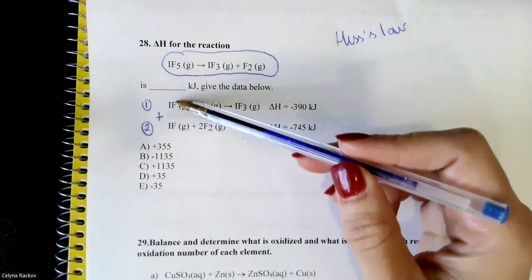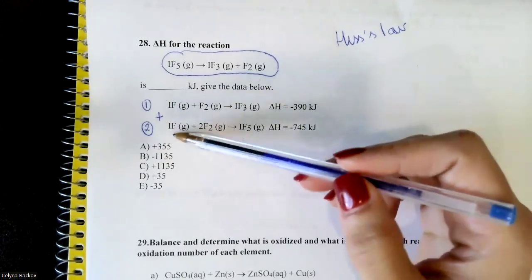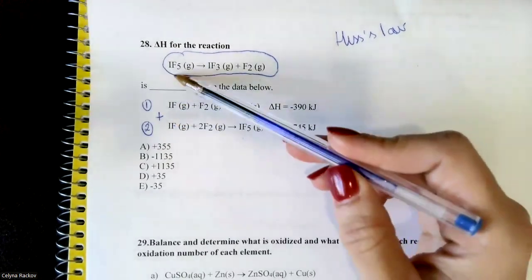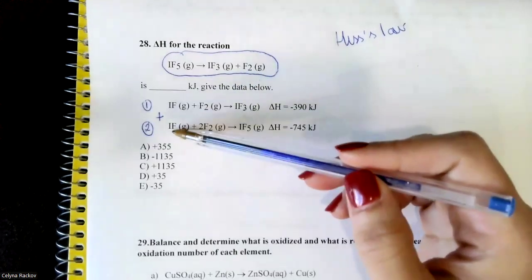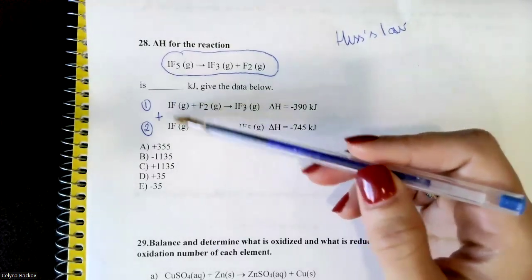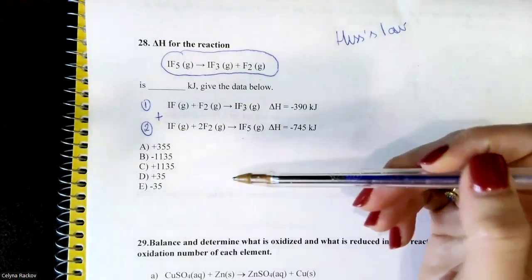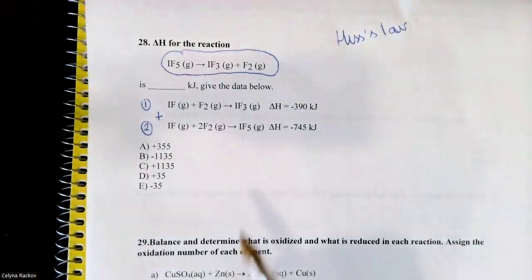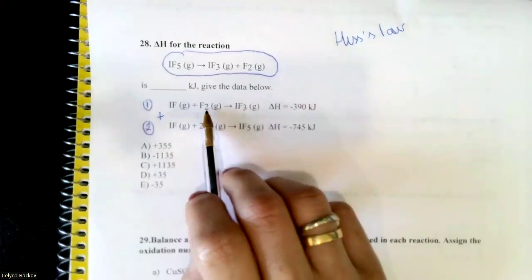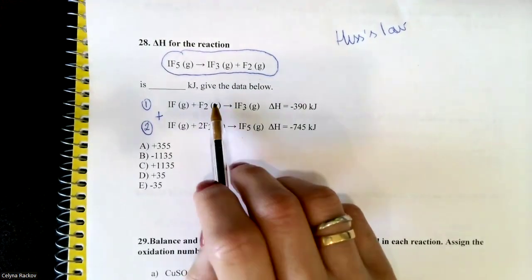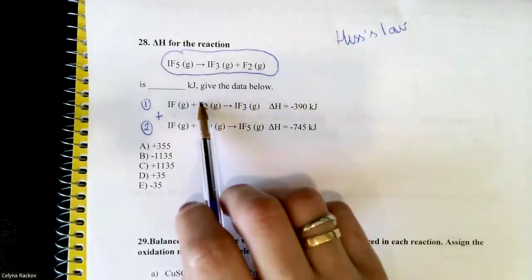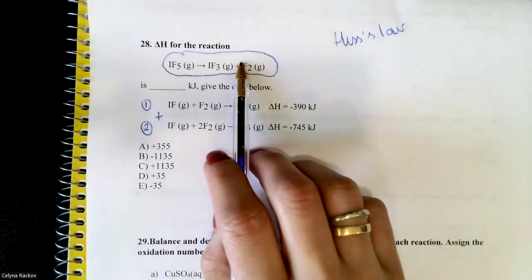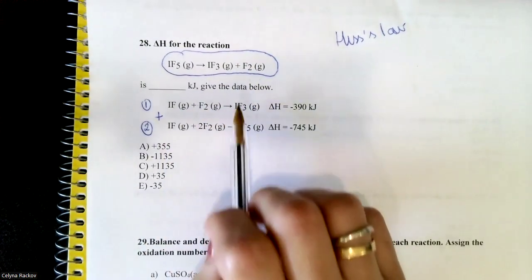So IF, iodine fluoride here, does not appear in the main reaction, right? So at some point we need to cancel it out. Okay, so then F2, we have in the reactants and we have in the products. So for now, let's keep this first reaction as it is.